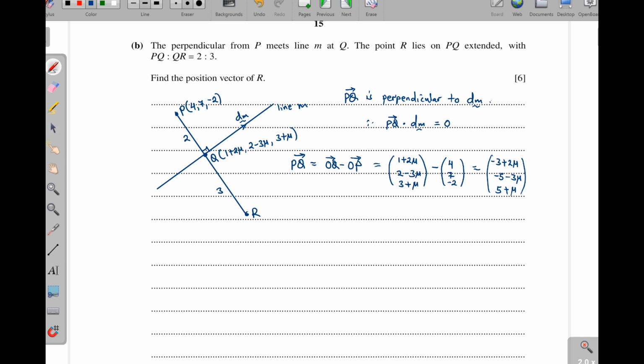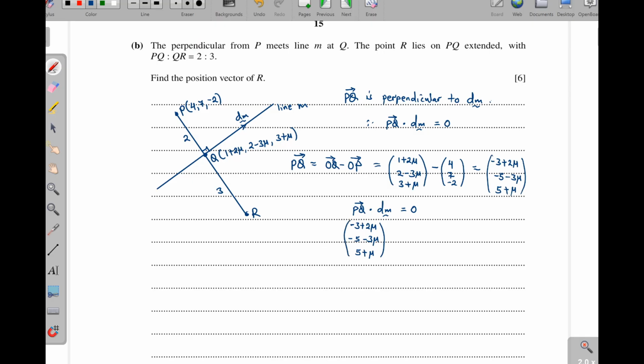Then after that, I think we can shift this one here like that. Then PQ here dotted with dM is equal to 0. So our PQ is this: negative 3 plus 2 mu, then negative 5 minus 3 mu, and then 5 plus mu.